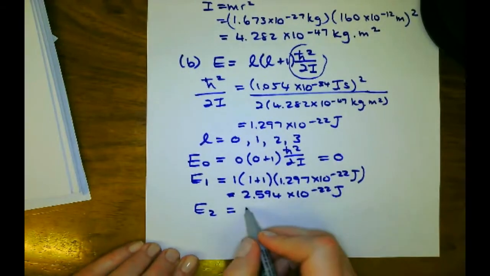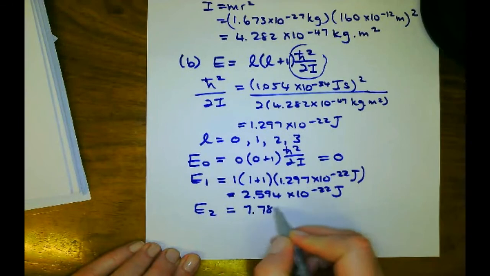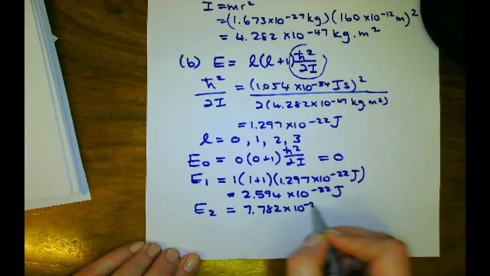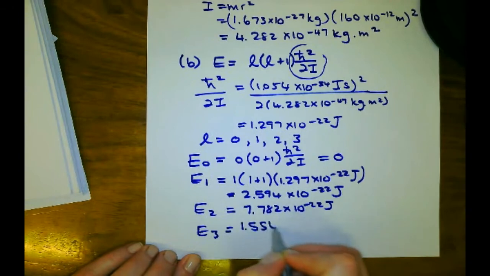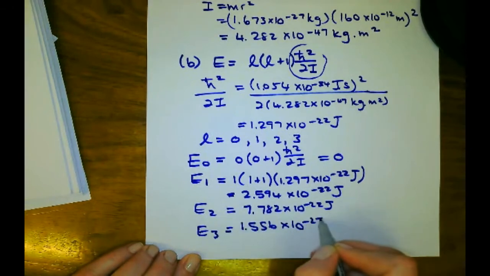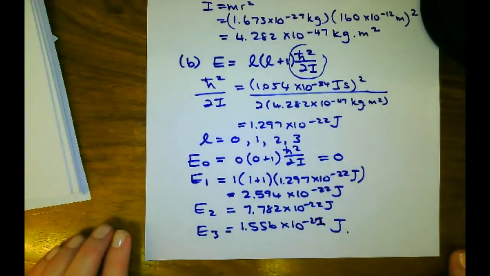E2 you can calculate, that is equal to, and E3, minus 21 joule. So there we have the energies of the first 4 levels.